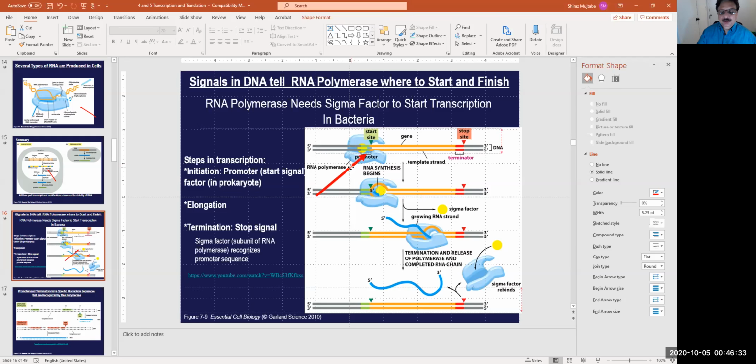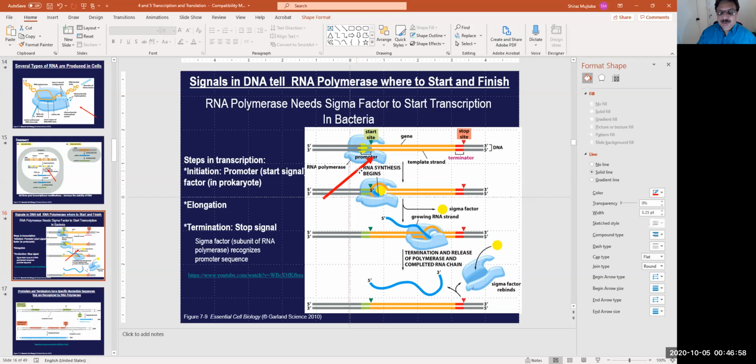Just like at an airport, there's a specific lane or track on which the plane has to land or take off. It cannot do so at every part of the runway. So it has to go to a specific runway to take off or to land. RNA polymerase also lands at a specific place on the DNA.